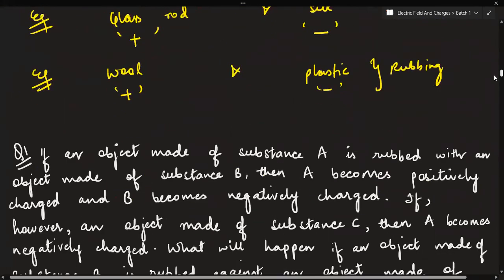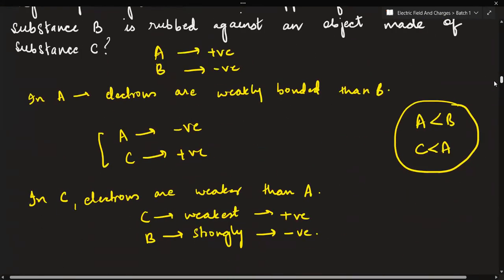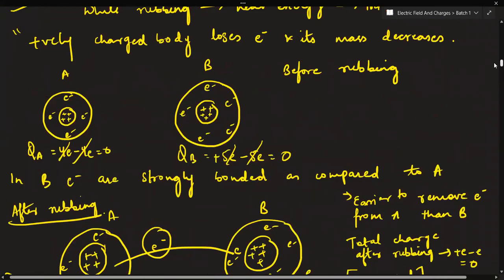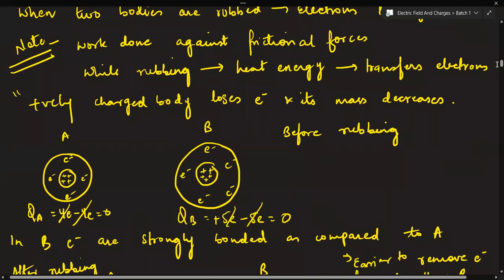This will come. Then questions of this type, as you discussed in class: in charging by friction, in this first topic, you just have to remember which is weakly bound and which is strongly bound. Whichever electrons are strongly bound will be mentioned to you.